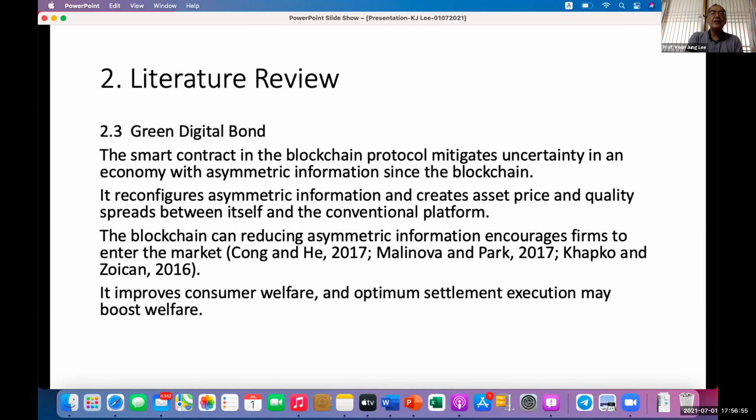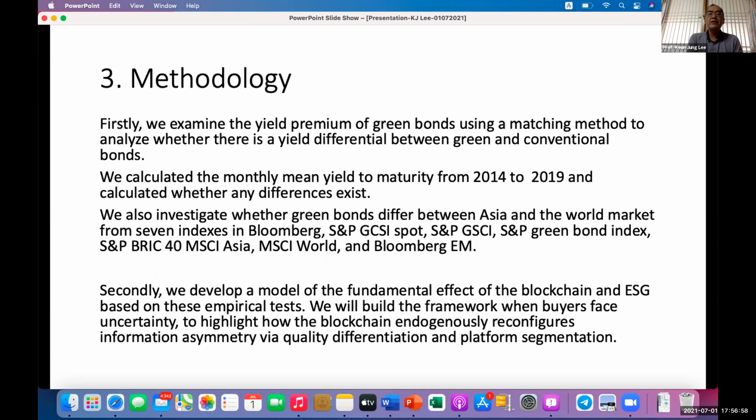Therefore, I will go directly to explain how I made the empirical test comparing green bond and the conventional bond. I think this is the first time they compare the Asian market and the world market, using 7 indexes: Bloomberg, S&P GSCI, and so on, and the Bloomberg EM, MSCI. After the empirical test, how can we make the fundamental effect of blockchain based on this empirical test?